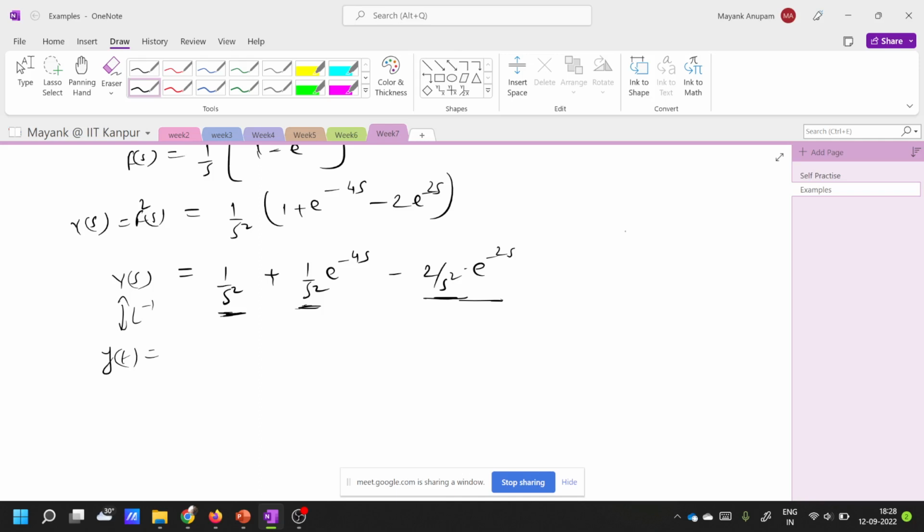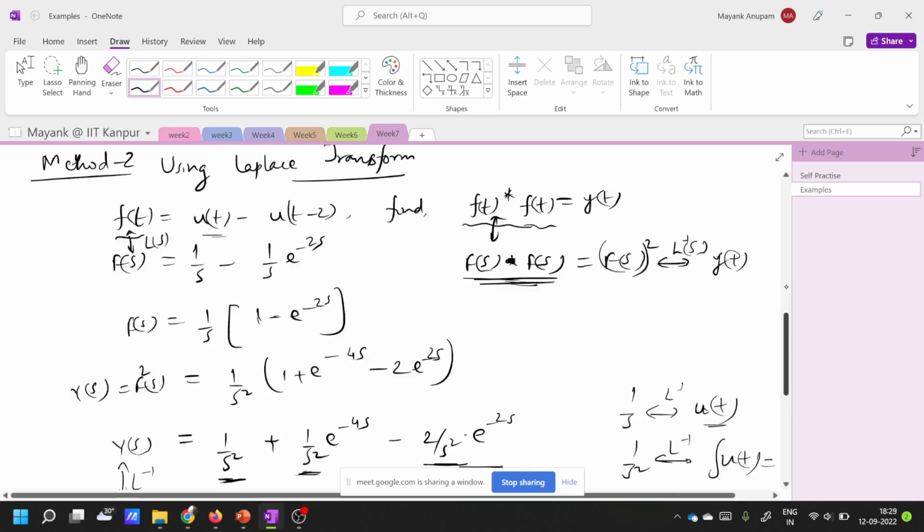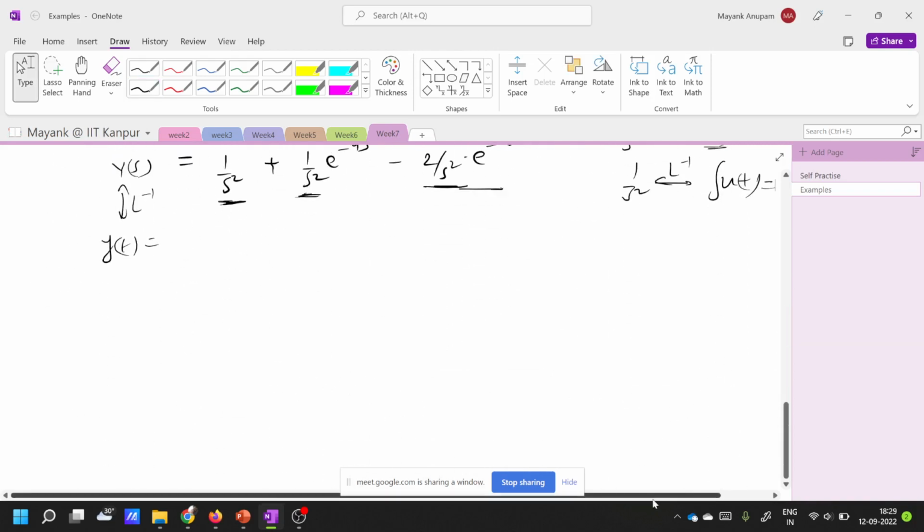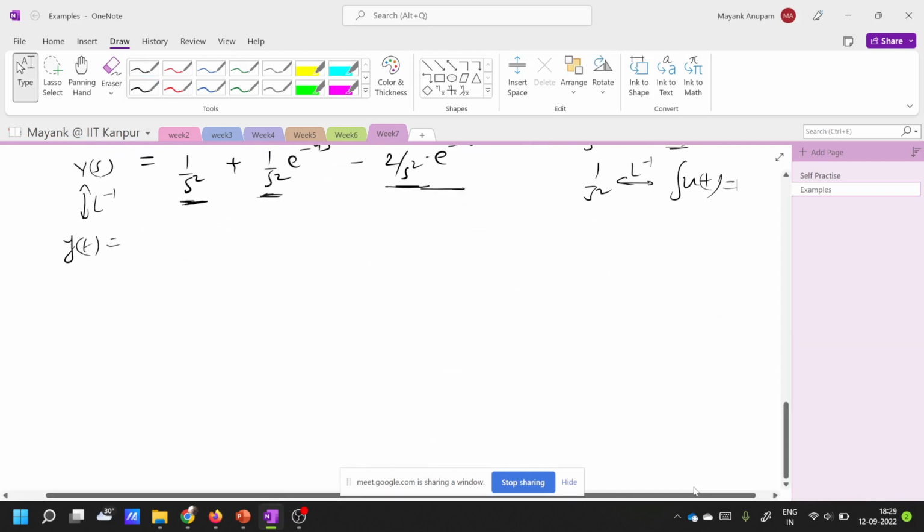And you know that 1 by s is the Laplace transform of the unit step. If you take 1 by s square, its inverse should be the integral of u of t, and that is simply equal to t.